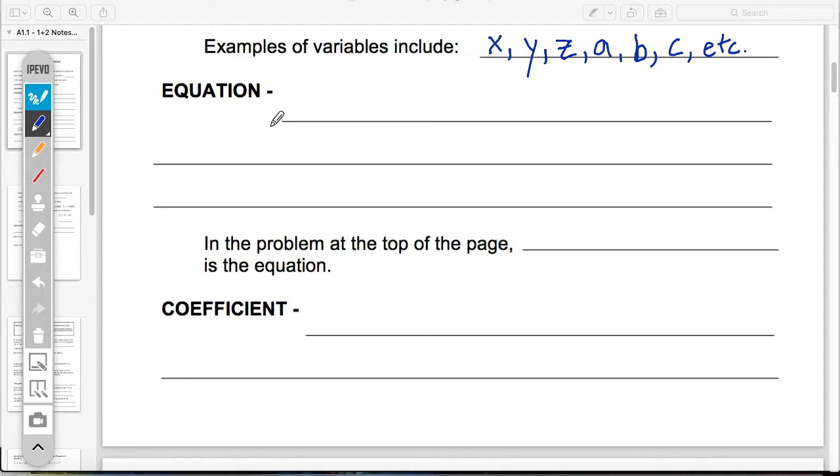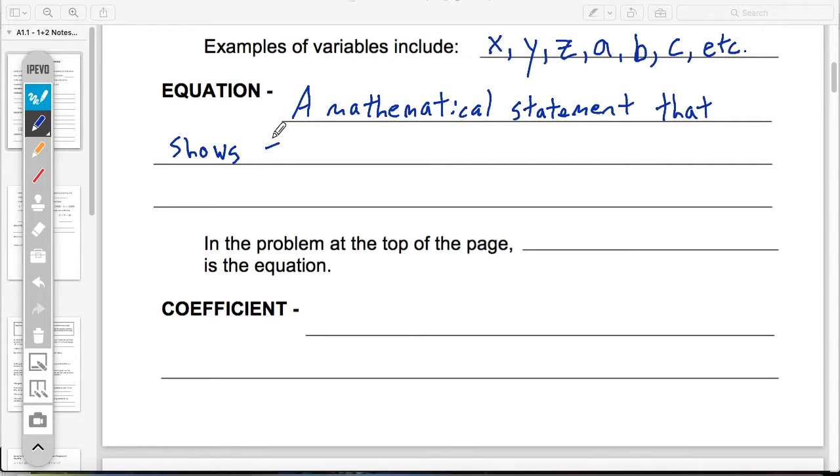Okay, so let's look at the word equation. Sure, we've heard of it before. An equation is a mathematical statement that shows the values of two expressions are equal.